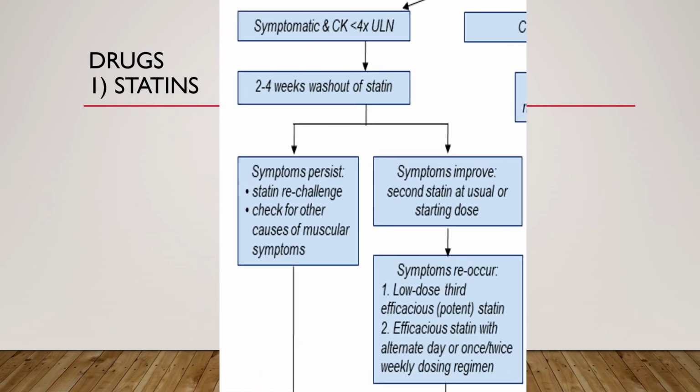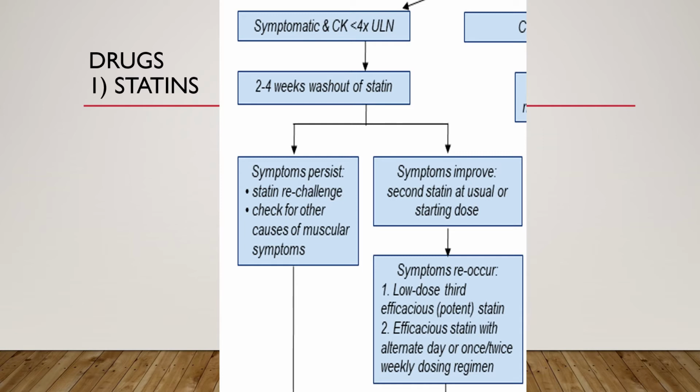If the patient is symptomatic and creatine kinase is less than 4 times the upper limit of normal, you stop the statin and wait 2 to 4 weeks. If the symptoms persist although you stopped the statin, you give the statin again and check for other causes of muscular symptoms. But after 2 to 4 weeks, if the symptoms improve, you give another statin rather than the first one, at the usual or at a lower dose.